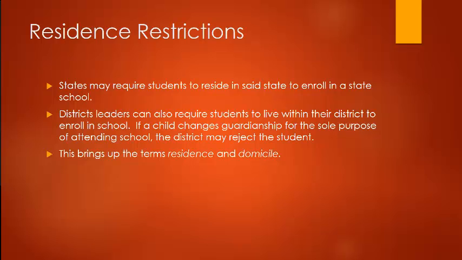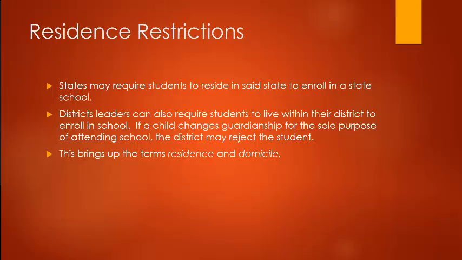It's everywhere, really. I'm probably more familiar with it since I worked with OSSAA, the School Athletic Association, and they get lots of requests on residencies. So states may require students to reside in the said state to enroll in a state school.